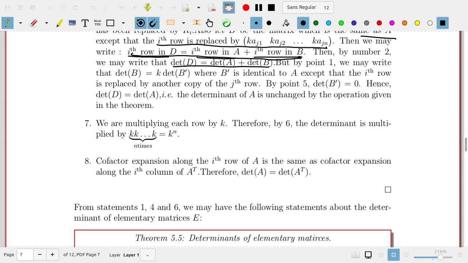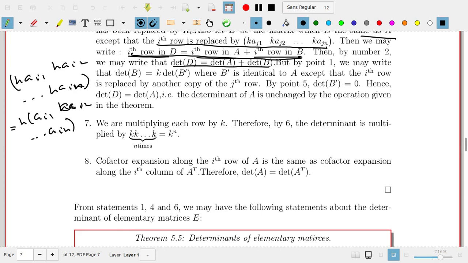The ith row of V is basically kai1, kai2, ... kain. But this can actually be written as k times (ai1, ai2, ..., ain).